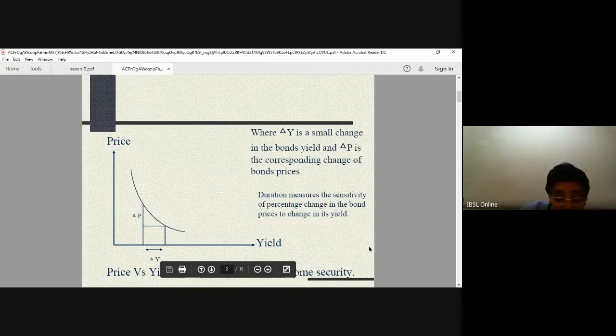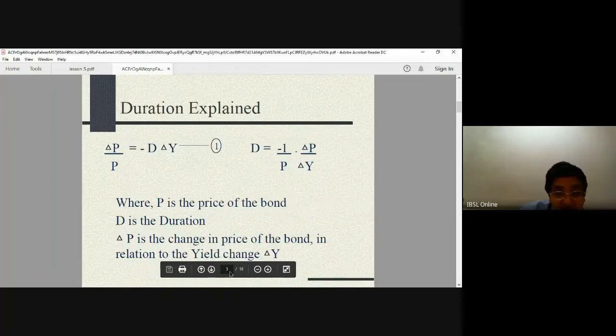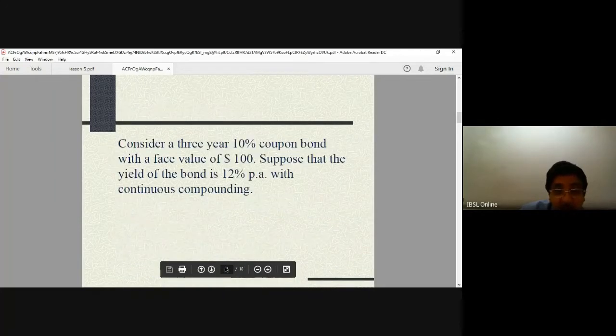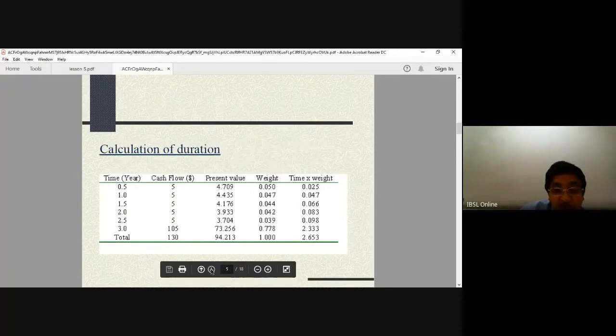Now I will tell you how we can calculate convexity. Last time we calculated the duration of the bond and we got it as 2.653.